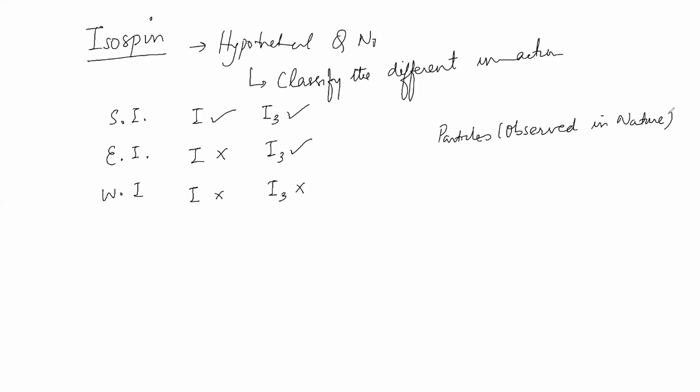Because quarks are also particles, but they exist only in bound states, like in mesons you have quark anti-quarks, or in baryons you have three quarks. Those systems exist like proton exists, neutron exists, pion exists, rho meson exists, etc. But the quarks inside them don't exist independently.